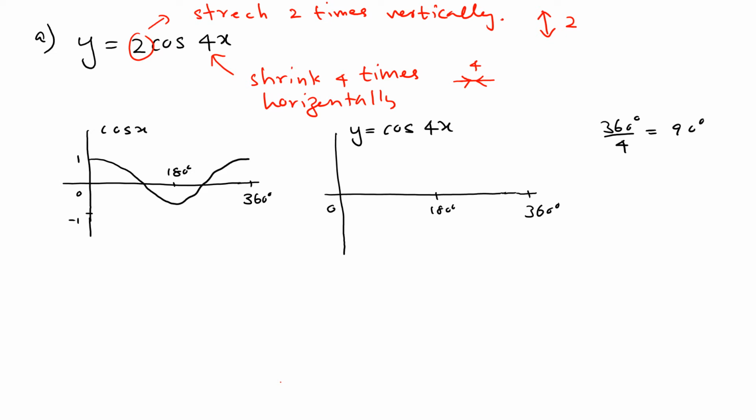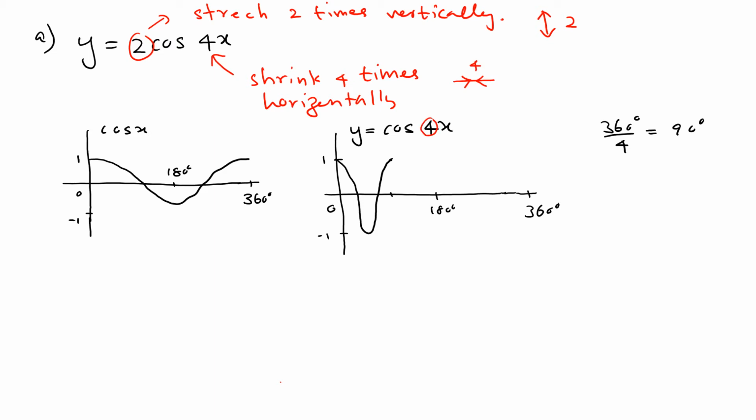So one cycle is between 0 and 90, between 1 and -1. The new graph starts at 1, goes down to -1, and then comes back to 1. That is how it looks when you multiply by 4. That's how the 4 shrinks the graph 4 times.